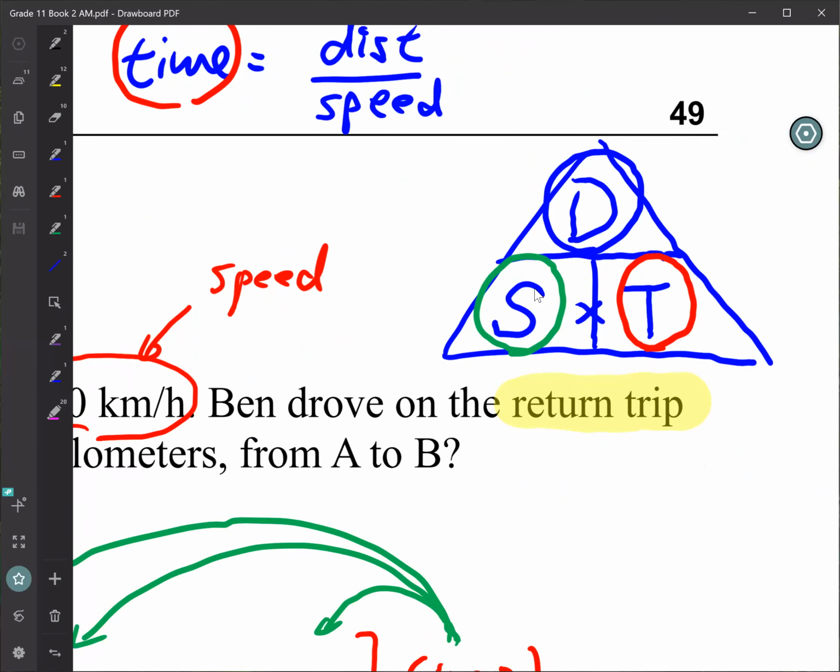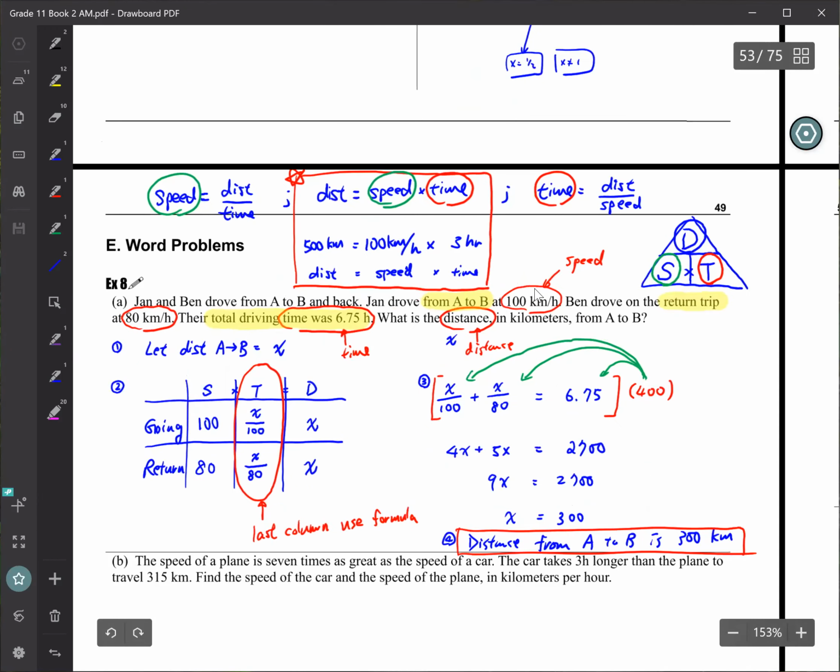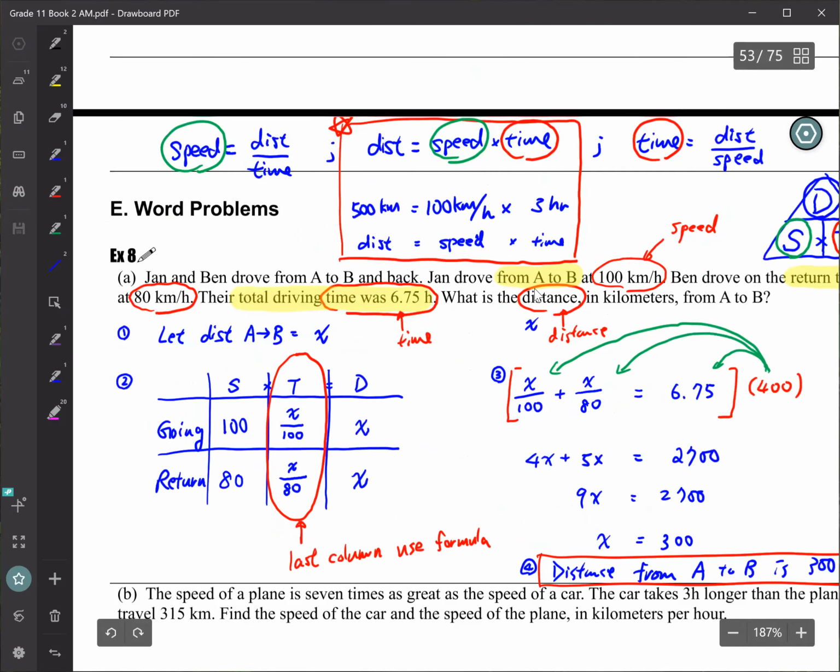All right, and then step 3, once you have the table all filled out, there's always one last column. Let me highlight that. Last column, then you need to use the formula. If that last column is under time, then you look at the question: which number about time you haven't used yet.